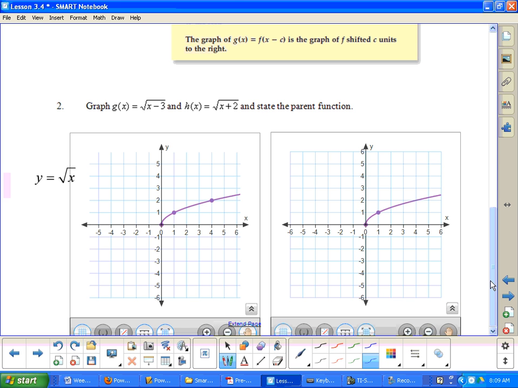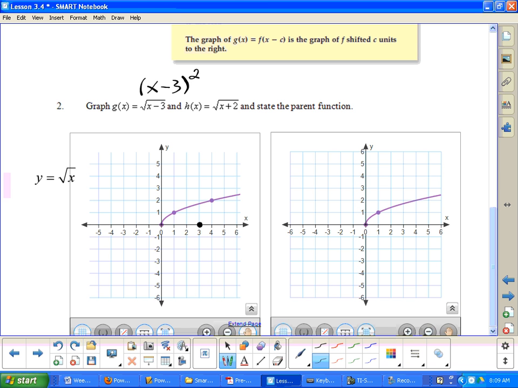Before it said x squared plus or x squared minus, but if it would have said x minus 3 squared, that's a horizontal shift because the number 3 there is inside also. So this means I'm going to move it 3 units to the right. So instead of being at 0, 0, I'm going to be at 3, 0.